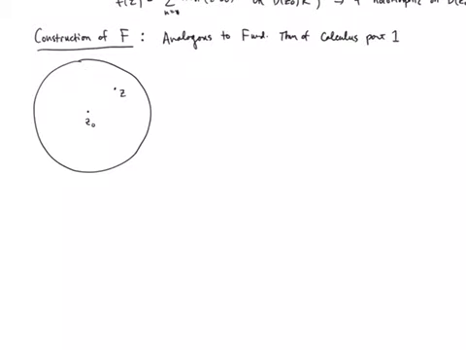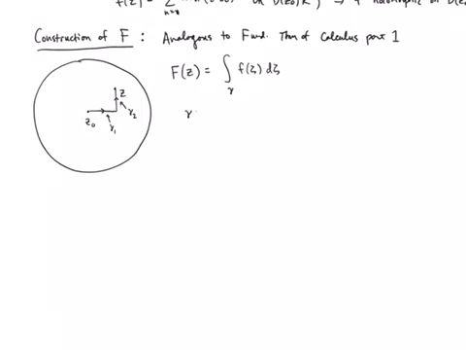So our disk around Z naught, there's our point Z. We're going to define capital F at Z by integrating along a path, f of zeta d zeta, where the path first goes horizontal over to being vertically in line with Z, and then goes up the vertical to Z. So this is gamma 1 here, and this is gamma 2 here.